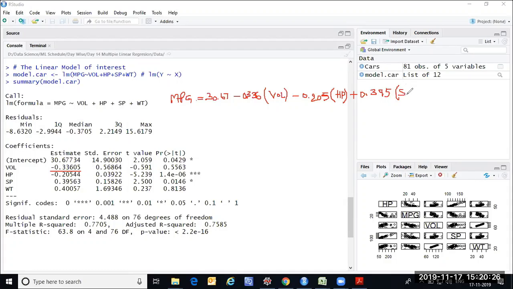SP is nothing but speed, plus 0.40 into weight.